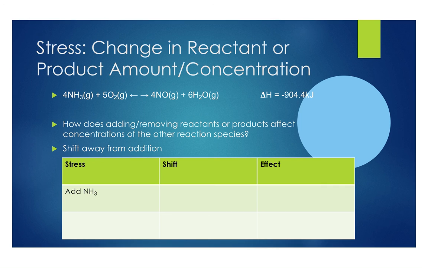So if I add NH3, so let's say I increase the amount of NH3 that I have, our shift is going to be to move away from that addition. Our addition was on the reactant side, so our shift is going to be toward the product side. Equilibrium shifts to the product side.